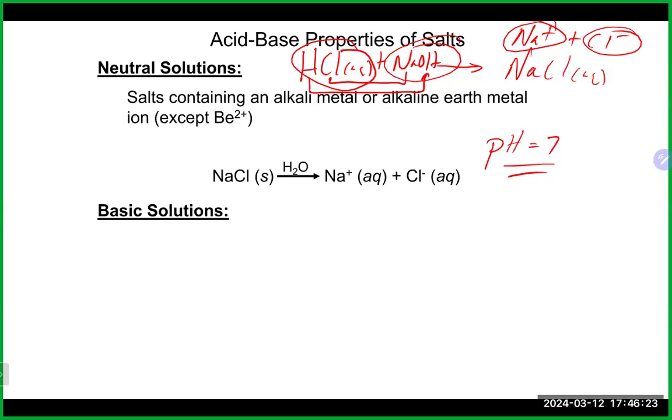Now, if we take something like sodium acetate, which is a salt that will break apart into a sodium ion floating around and an acetate ion. Now, when we think about where this salt probably originated from, what acid would most likely sodium acetate come from?